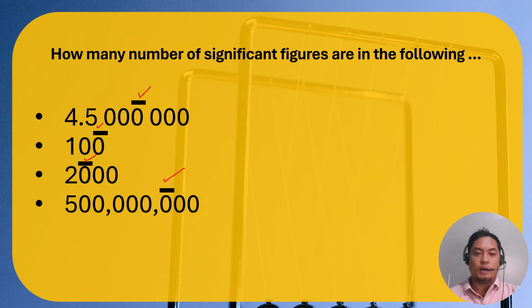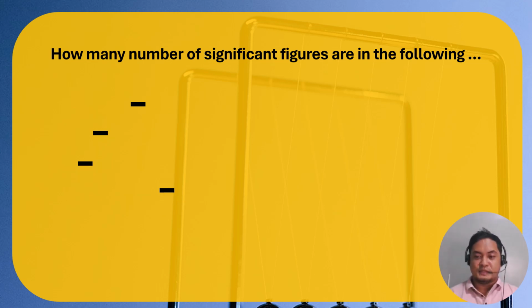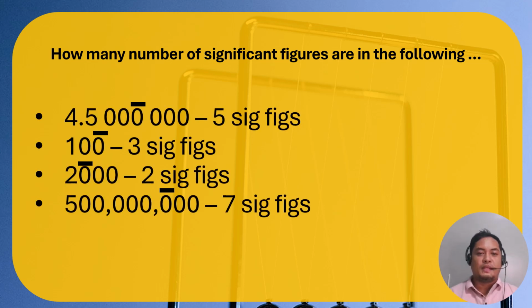So how many significant figures are in the following? Okay, let's reveal the answer. In the first bullet, we have 5 sig figs. So literally speaking, you have 1, 2, 3, 4, and 5. They exclude this.